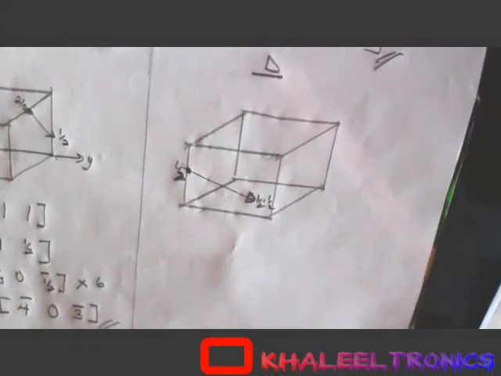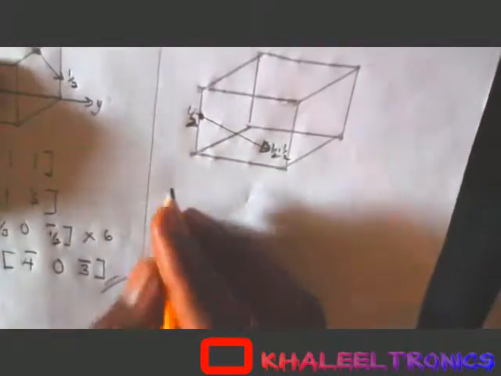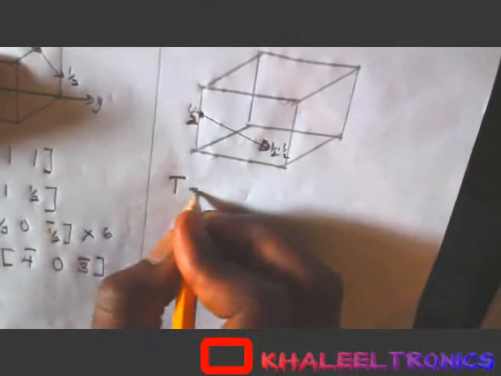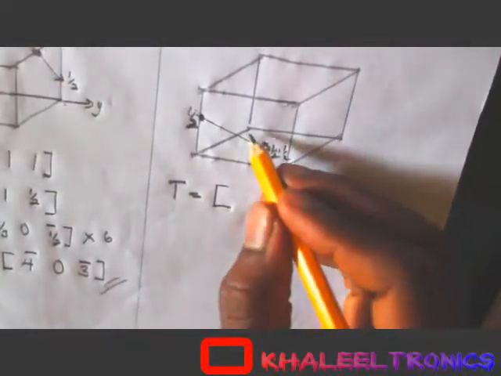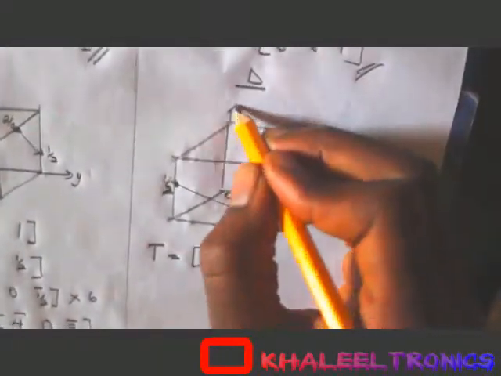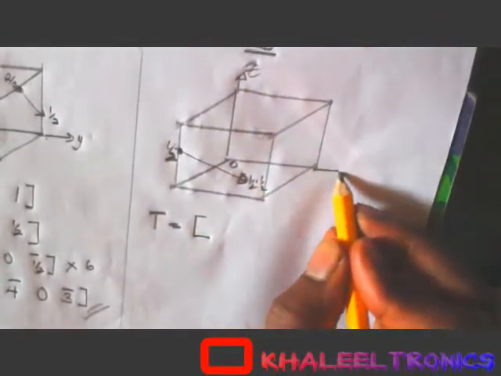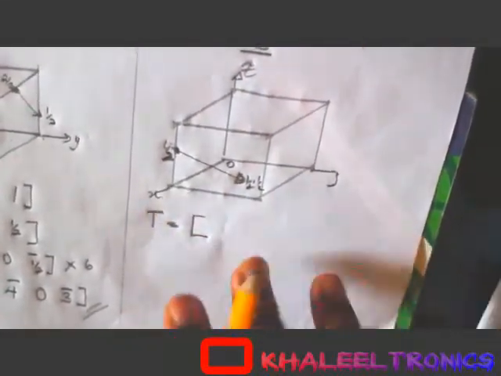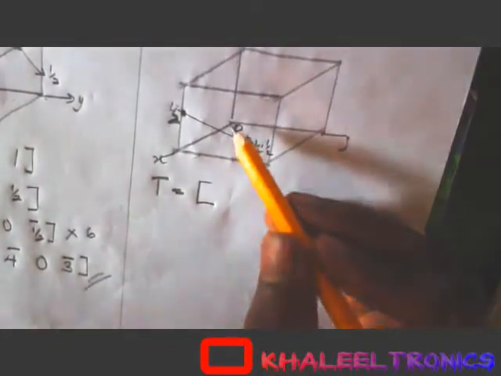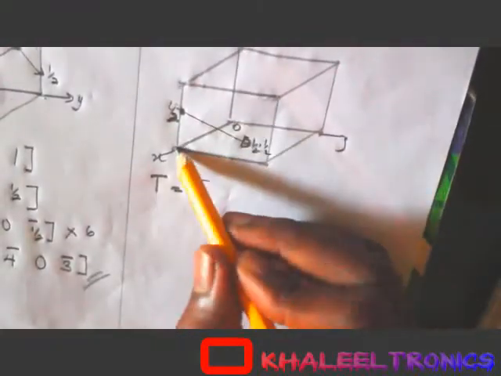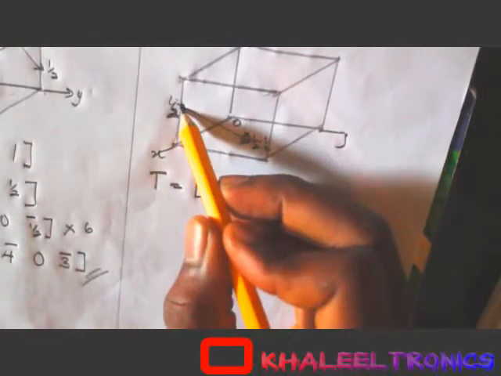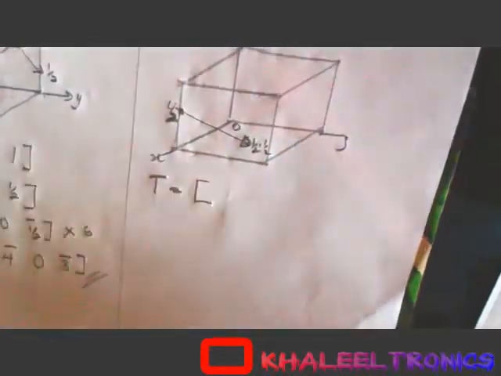So for the tail direction, this is your origin, Z, X and Y. So here goes 1 over 2. Very simple.